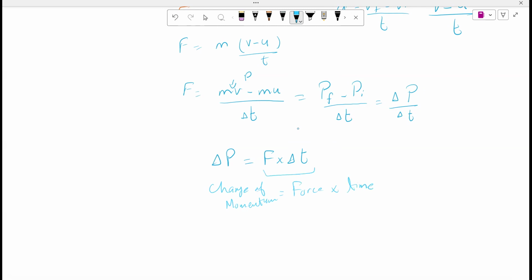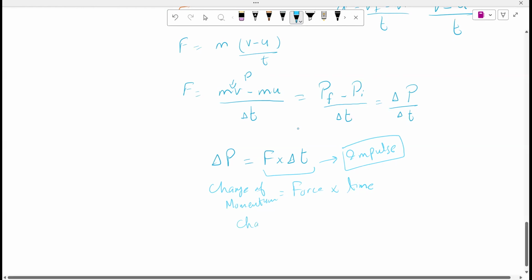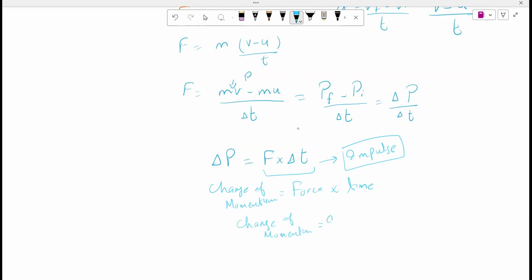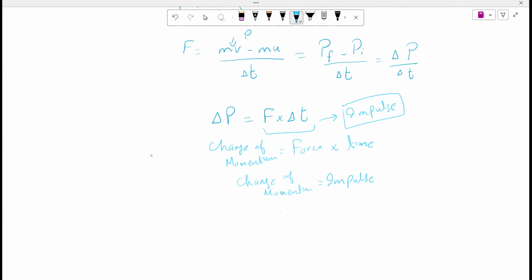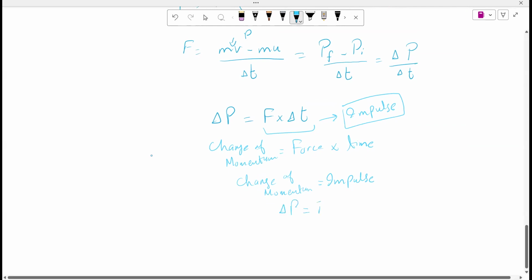This force into time is known as impulse. What do we call it? F into t is a quantity known as impulse. So change of momentum is equal to impulse, or we could write it as delta P equals I. Clear?